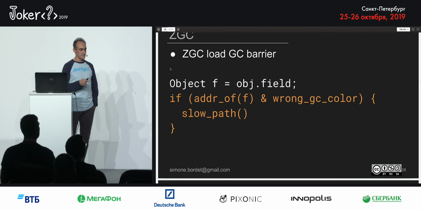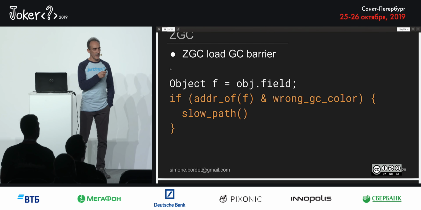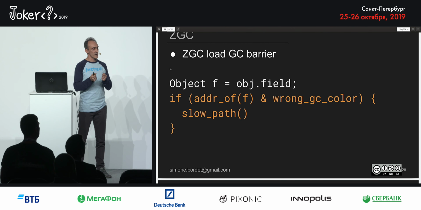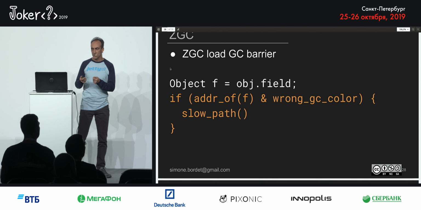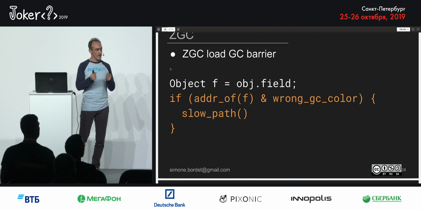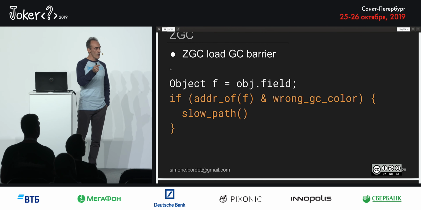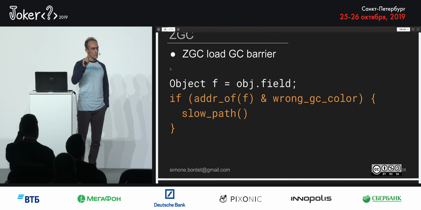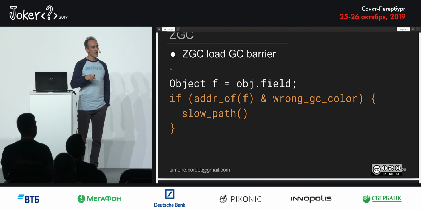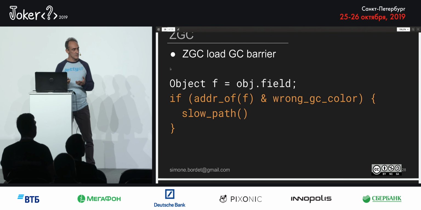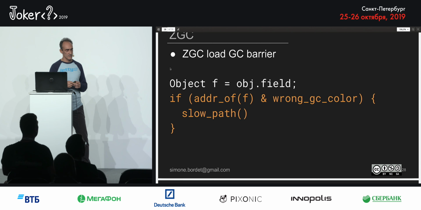Well, the variable f now contains the reference to the field, okay? What the JVM is doing is saying, okay, let me take the address of that particular reference, so it gets the actual pointer value, and I'm going to do an AND operation with the wrong color, because I want to know whether that pointer that has the colored bits has the wrong color, all right? If it has the wrong color, then I need to do an action, and therefore I need to take a slow path, okay?